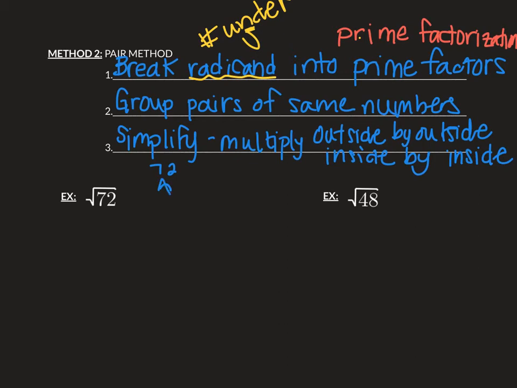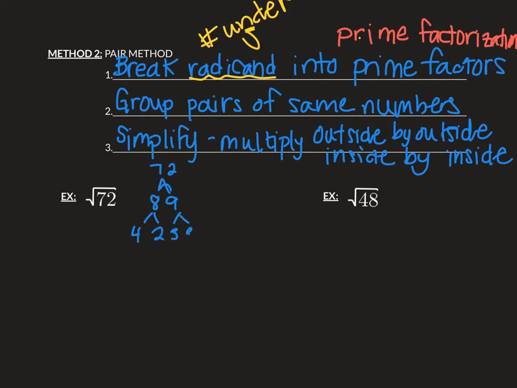So for example, 2 and 36. You know what? Let's pretend we couldn't think of 2 and 36 because 36 is a perfect square. Let's say we knew 72 is 8 times 9. And do you agree that 8 is 4 times 2 and 9 is 3 times 3?